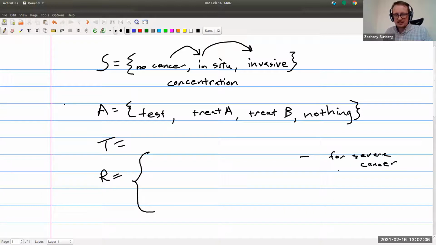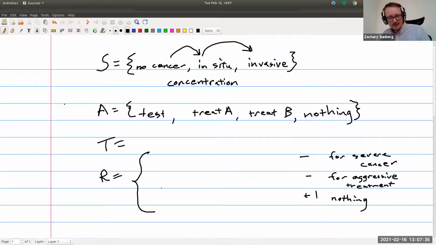Negative reward for severe cancer, negative reward for invasive or aggressive treatment. Yeah, aggressive, that's good. Maybe like plus one for doing nothing, just having a normal life that year.